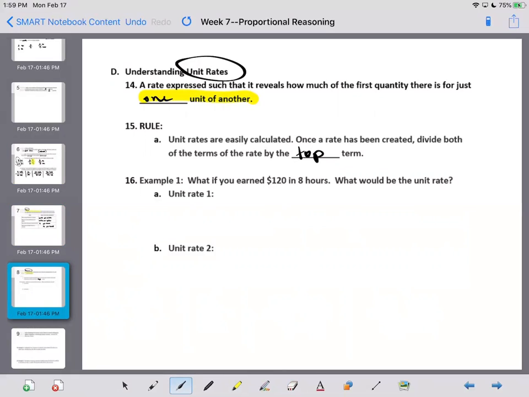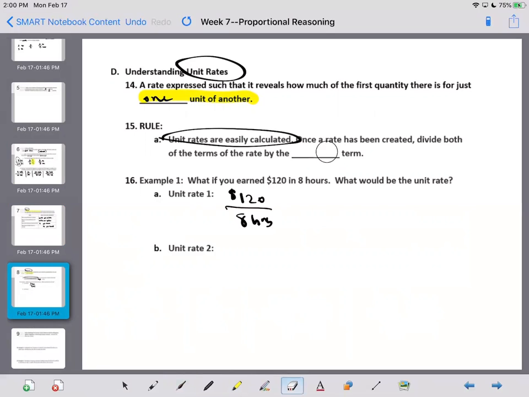So if you earned $120 in 8 hours, we're going to divide both terms by 8, 120 divided by 8.